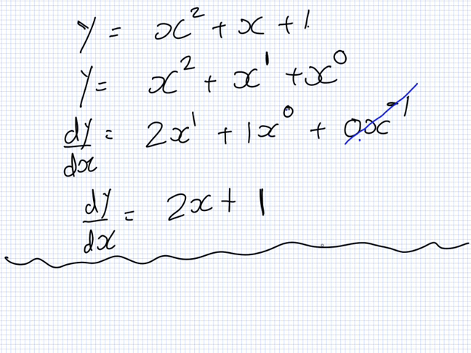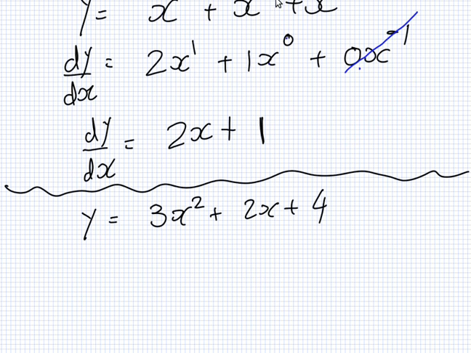Let's have a look at another example now. Let's say I have y equals 3x squared plus 2x plus 4. So again, we change this into powers. This is 3x squared plus 2x1 plus 4x0.